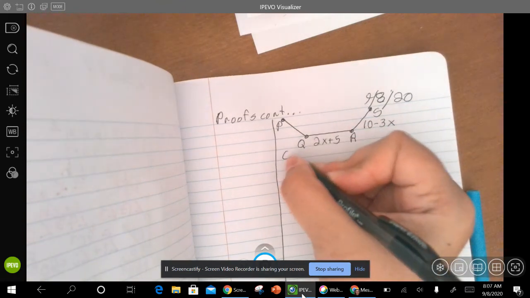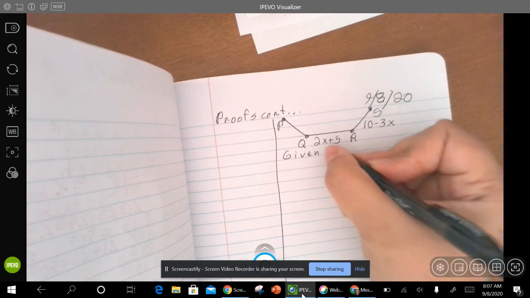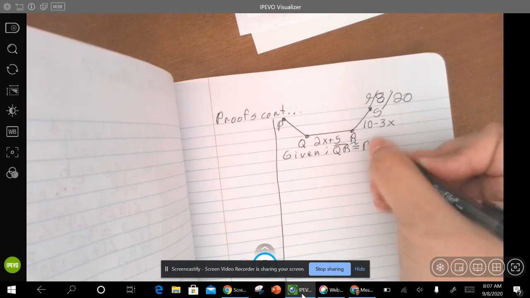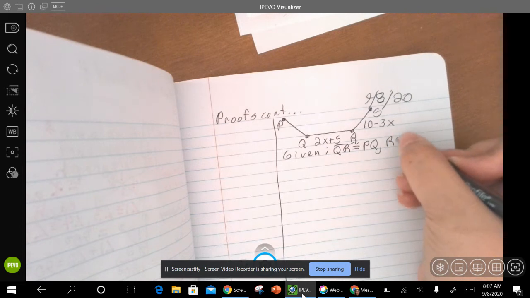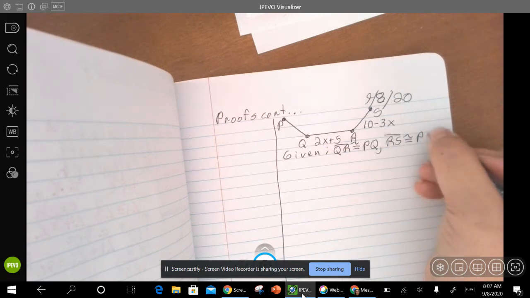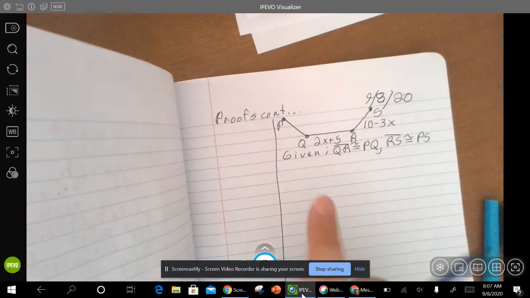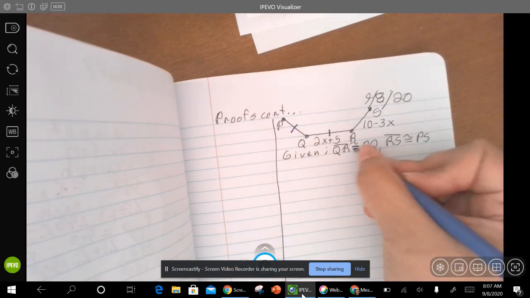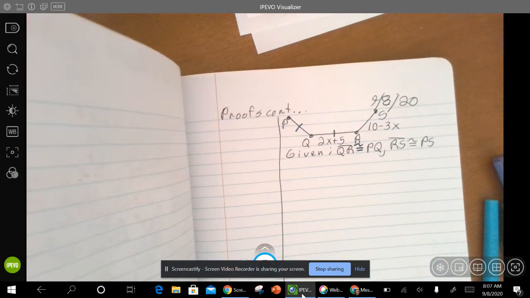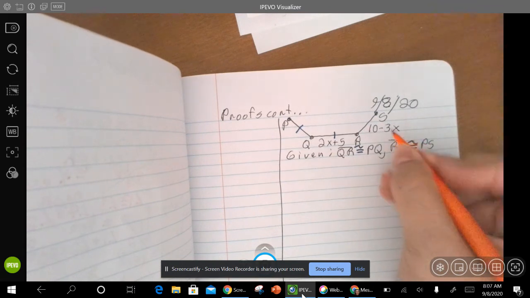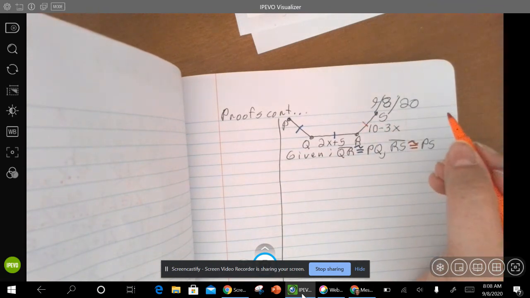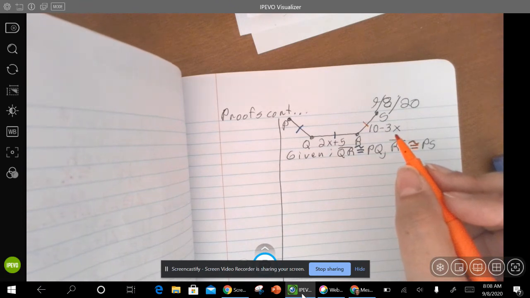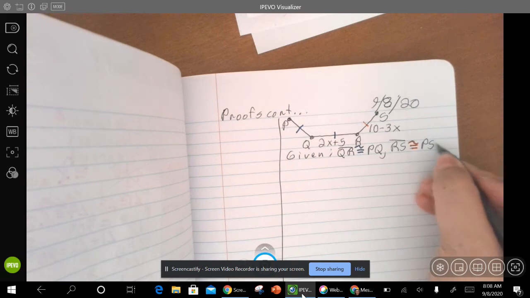Okay, so we're always going to start with our given. So we're given that QR is congruent to PQ, and RS is congruent to PQ. Sorry, I'll put the right letters down, everybody.